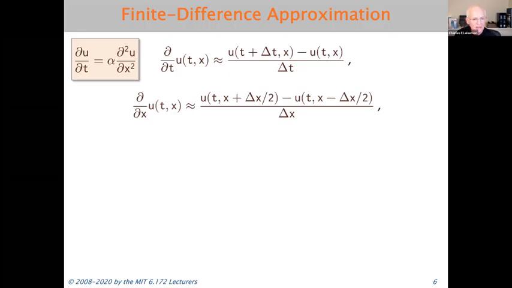Now the difference of the x coordinates there is still delta x. So we get a delta x in the denominator, but we've done a little bit of a different thing in the numerator, and that's just going to be convenient for the math. So that's our approximation of the partial with respect to x.